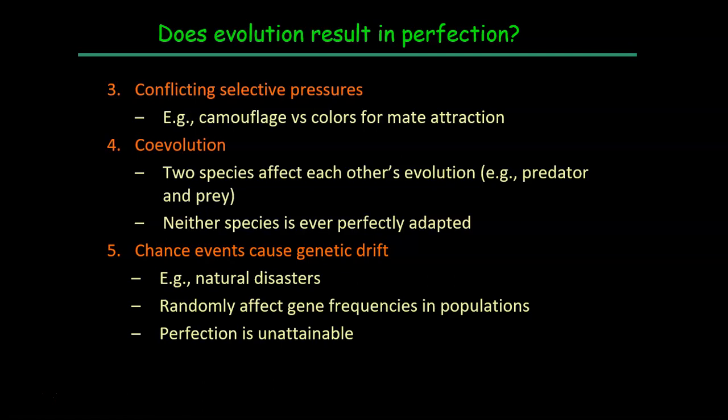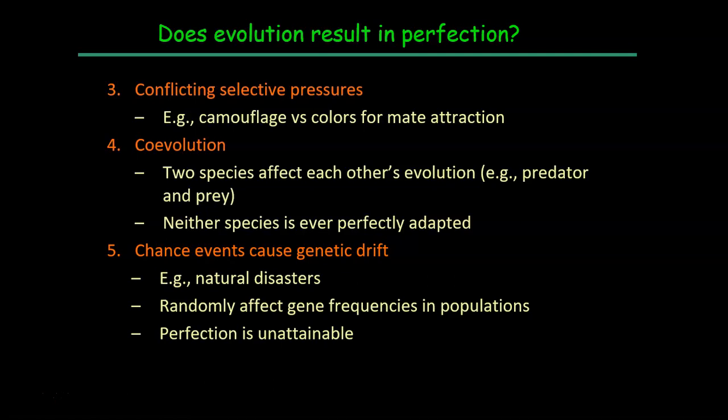So those adaptations for making big, loud displays and bright colors are great for attracting mates, but lousy for hiding from your predators. And that illustrates conflicting natural selection pressures on a population. With that happening, you can never result in perfection.